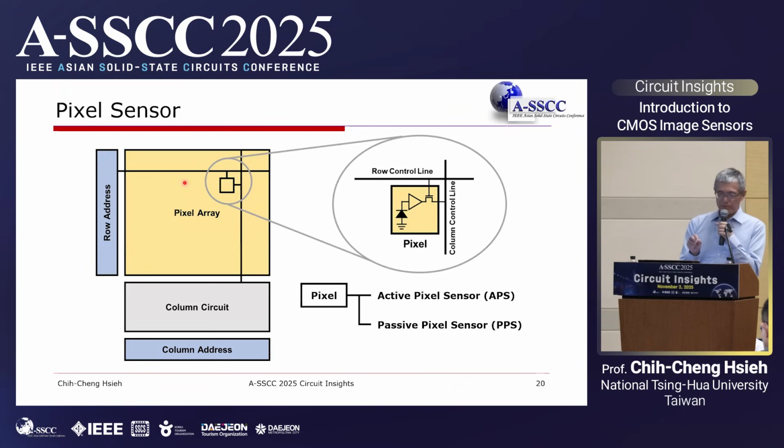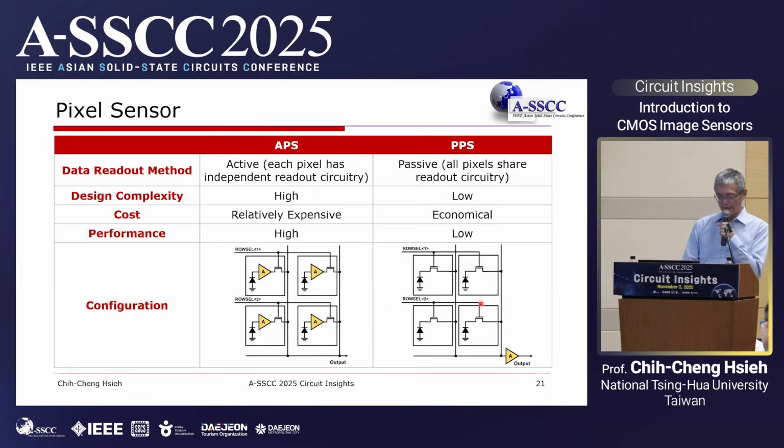The pixel sensor can be classified into active and passive, depending on the circuit in the pixel. I think it's quite straightforward that passive means there is no active circuit in the pixel. The other way, the active pixel means there is some active circuit.